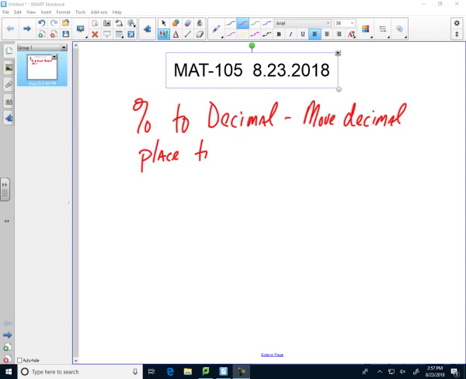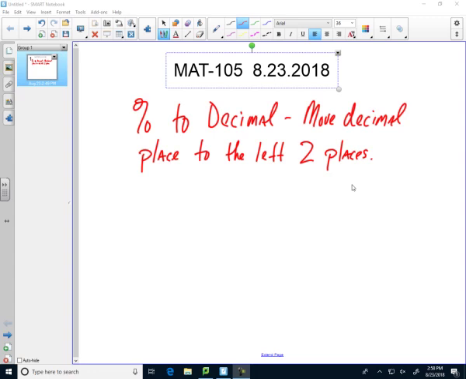How many places? Two, one for each zero. Percent means per 100, doesn't it? So one decimal place is 10, two decimal places is 100. So that's why you have that.